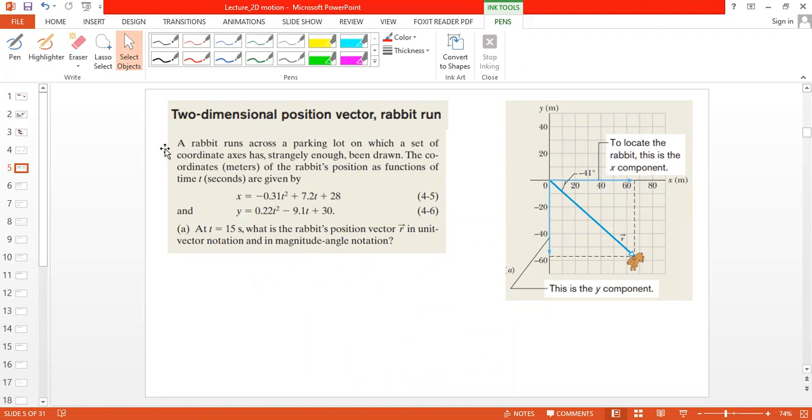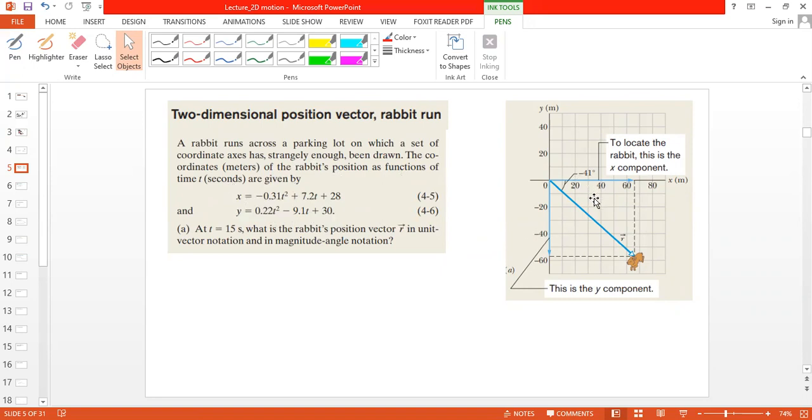A rabbit runs across a parking lot on which a set of coordinate axes has strangely enough been drawn. The coordinates of the rabbit's position as a function of time are given by x equal to 0.31 t square plus 7.2 t plus 28, and y equal to 0.22 t square minus 9.1 t plus 13.